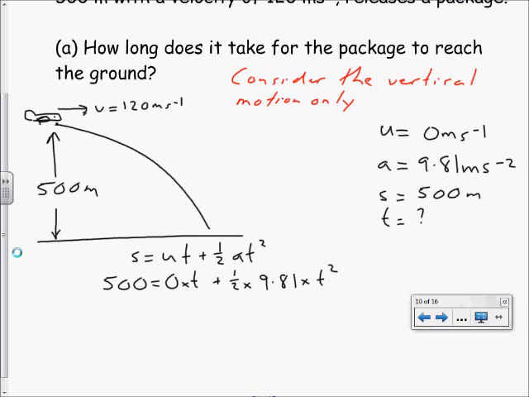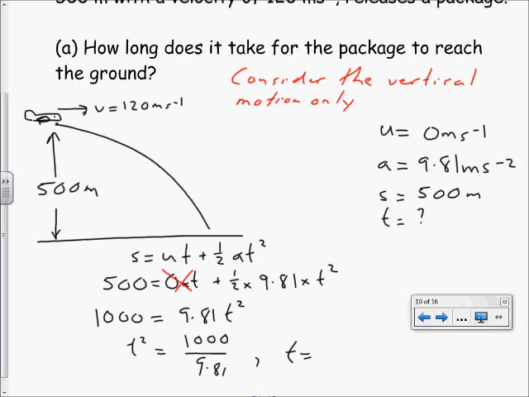All right, so the 0 T bit drops out. Taking the half and multiplying through by the other side, 1000 equals 9.81 T squared. T squared equals 1000 divided by 9.81, from which we will get T equals, and I'm going to have to grab my calculator to do the calculation, but you could do the same thing perhaps.